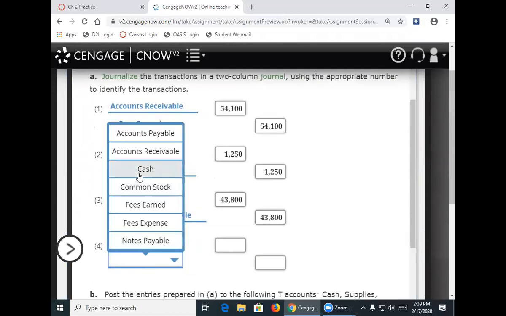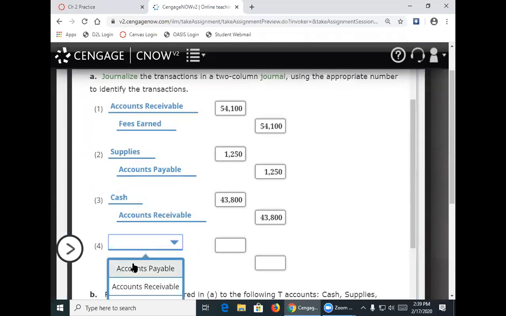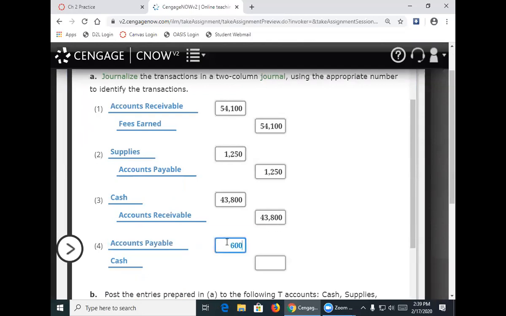So we know we'll credit cash, and we're going to debit accounts payable. Okay, so accounts payable is debited and cash is credited because we're paying towards what we owed. So we're decreasing our liability, accounts payable, and we're decreasing cash. So we're debiting accounts payable and crediting cash.